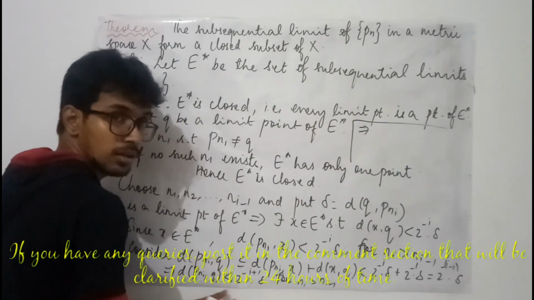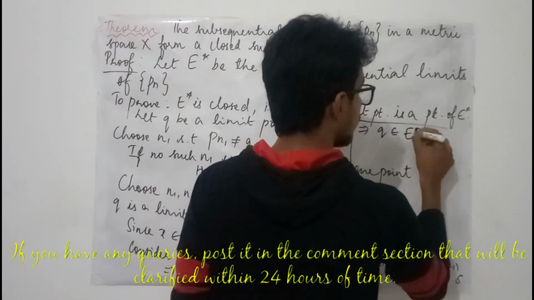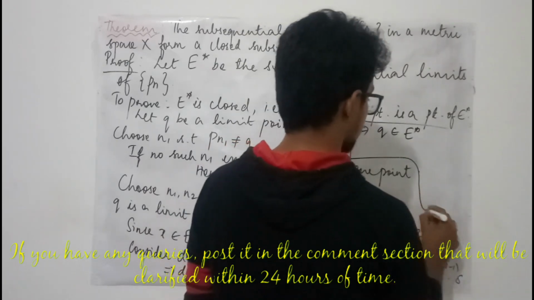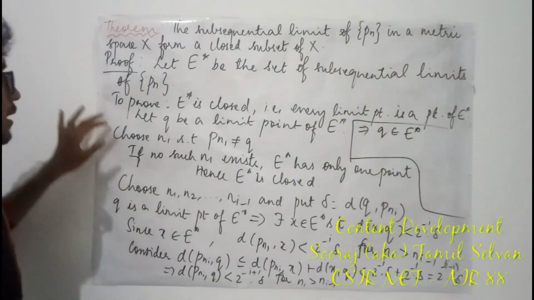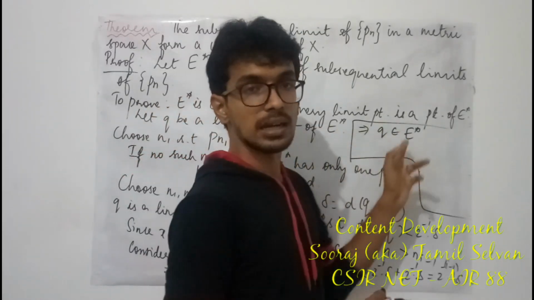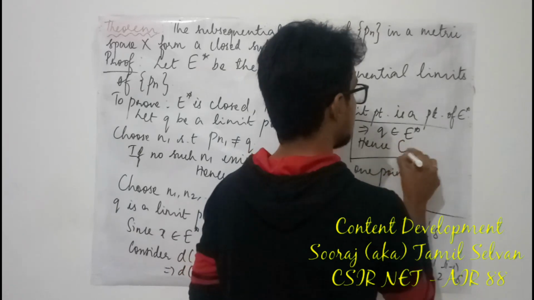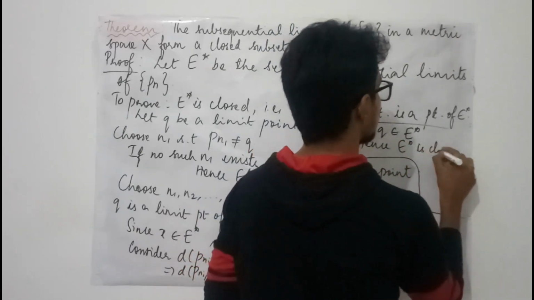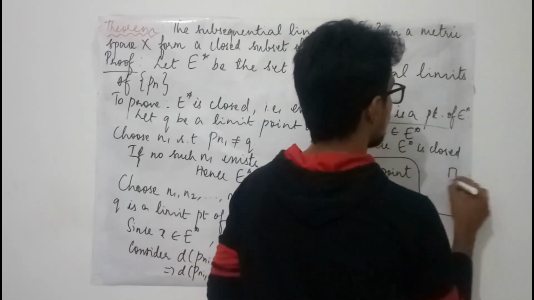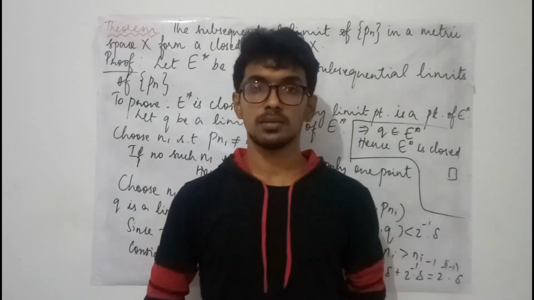So this means your Q is also a member of E star. We started with an arbitrary point which is a limit point of this set, and finally we proved that it is also a member of this set. Hence, E star is closed, and this completes the proof. Thank you for watching.